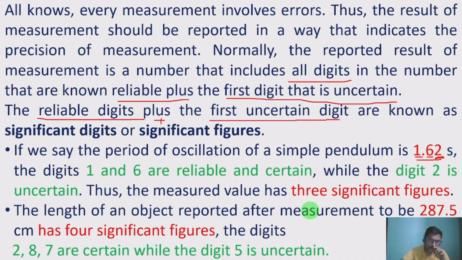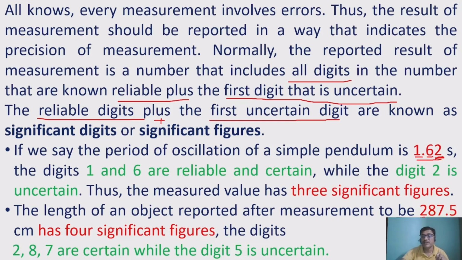Another example: the length of an object reported after measurement is 287.5 centimeters. The three digits 2, 8, 7 are reliable and certain digits, and the 5 after the decimal point is the first uncertain digit.